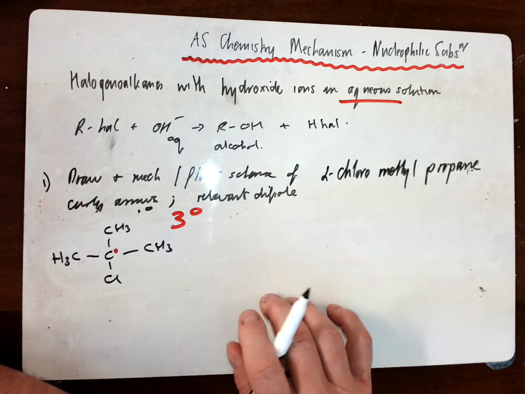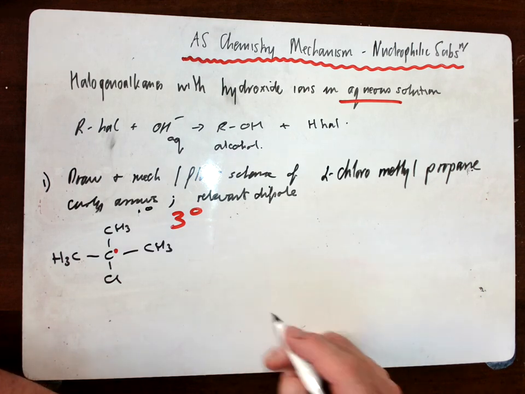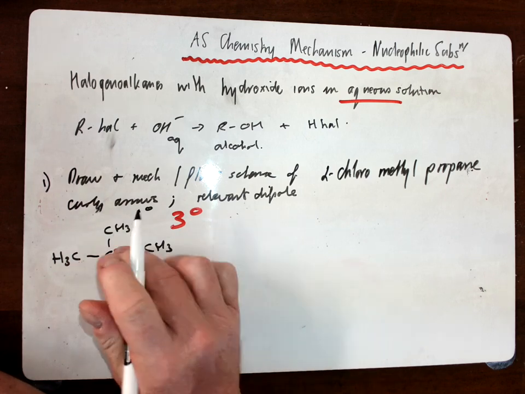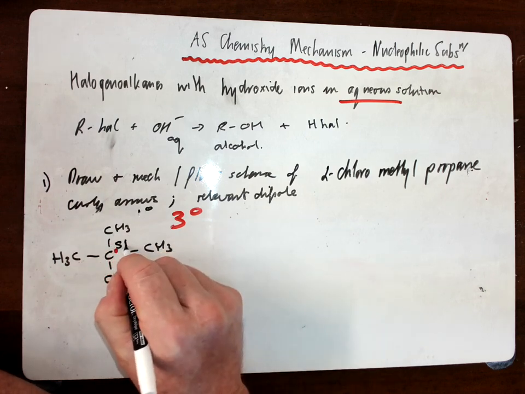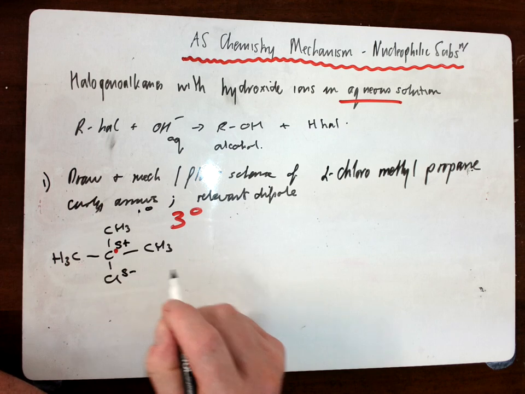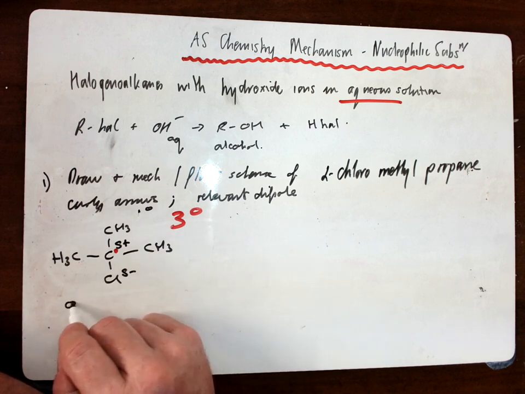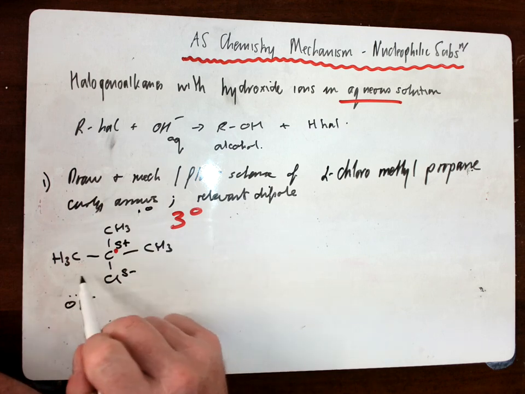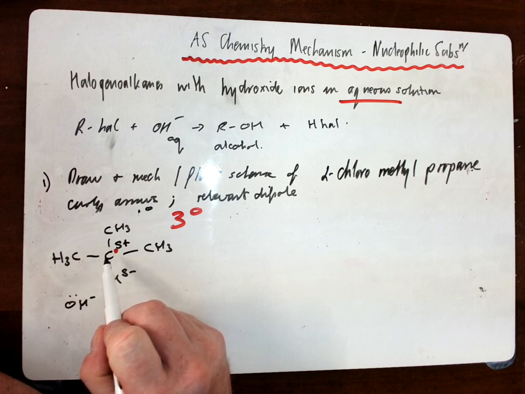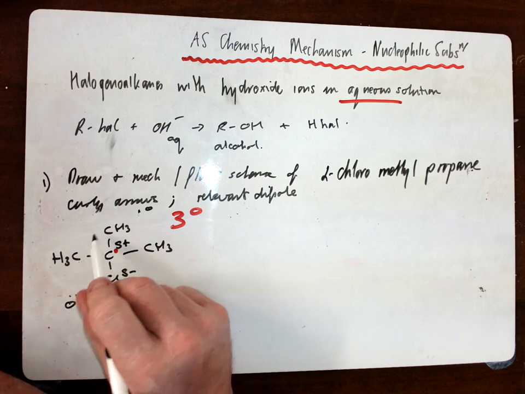Now, on the last one, the hydroxide ions came in and attacked this delta positive carbon. But this time my hydroxide ion cannot get to this carbon, because it's surrounded by the chlorine, which is repelling the hydroxide ion away, and the 3 methyl groups.